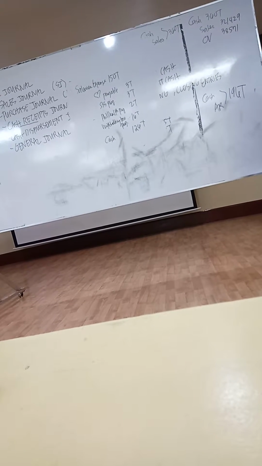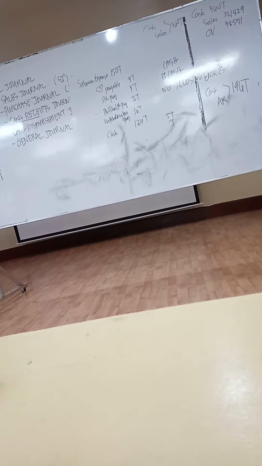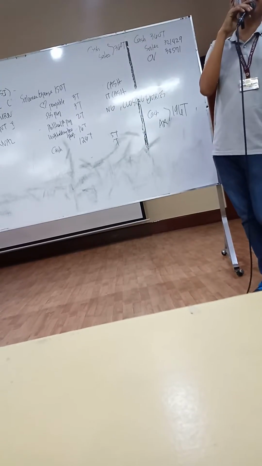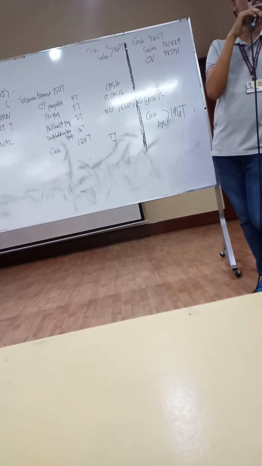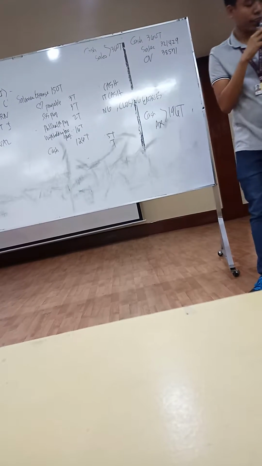Then, can we go back to your October 27? You have issued a note payable there, friends. You should classify that the note payable there is current. It is from the bank, so that is current.